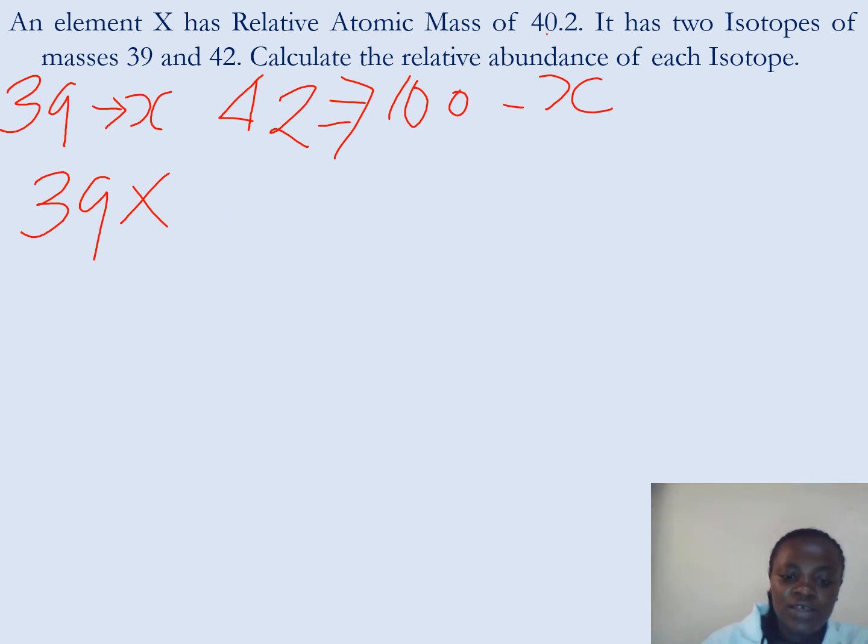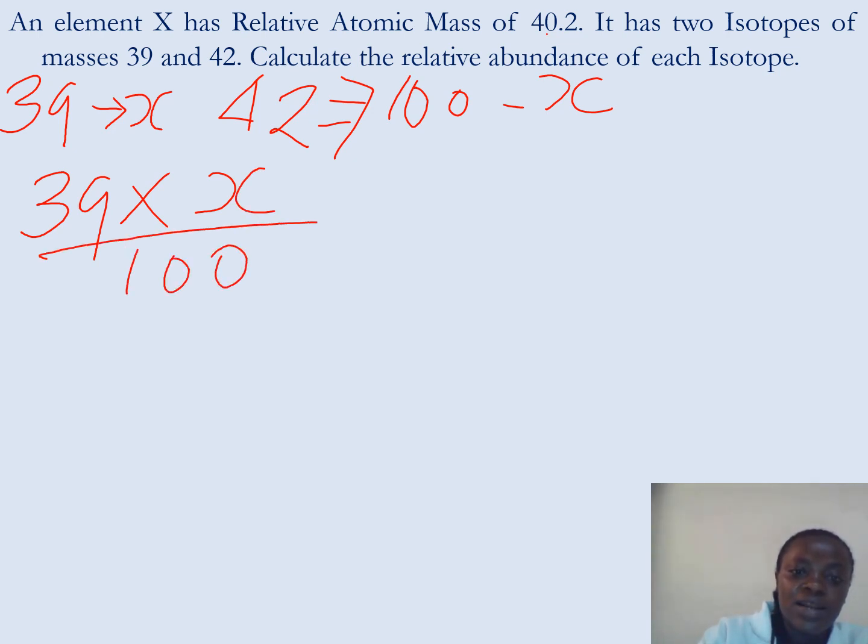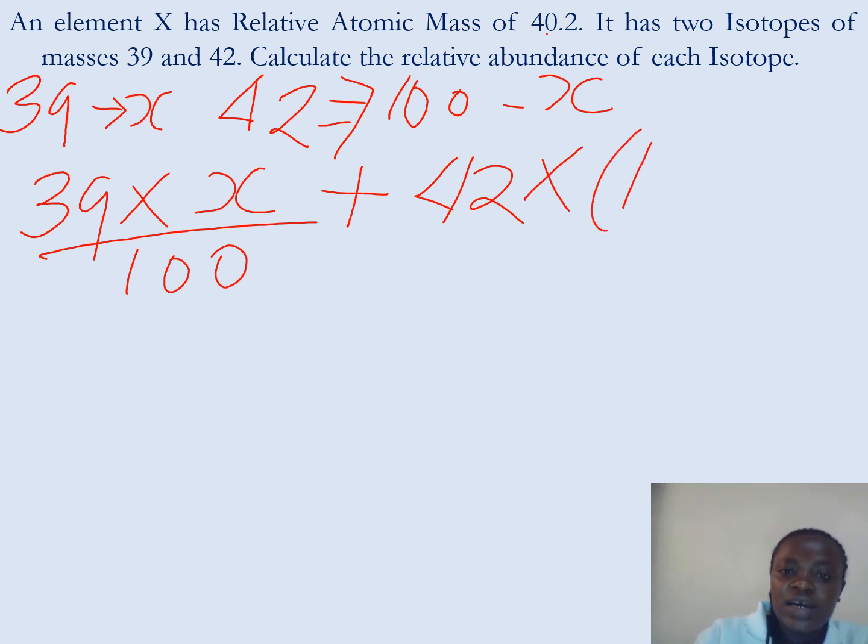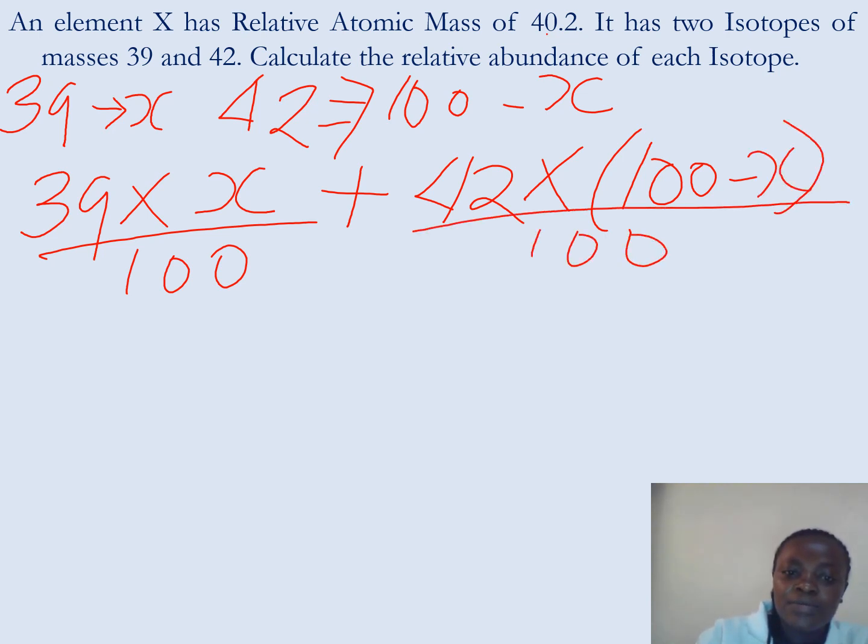So 39 times X divided by the total percentage, which is 100, plus the second isotope, 42, multiplied by its percentage abundance, which is (100 minus X) over 100.